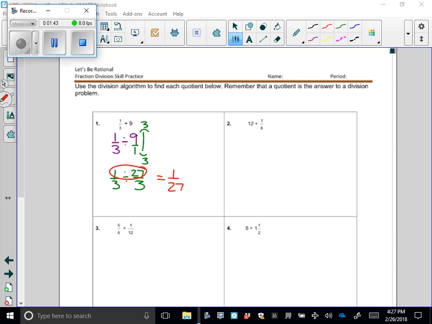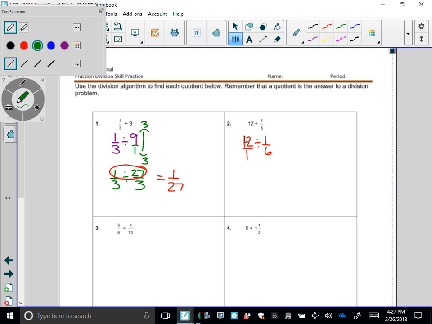Okay, so since we've already practiced the algorithm in class, I'm just going to talk through these. So this is 12 divided by 1/6. So 12 is much bigger than 1/6, so your answer should be much bigger than 12. So starting with the algorithm, I'm going to get a common denominator of 6.